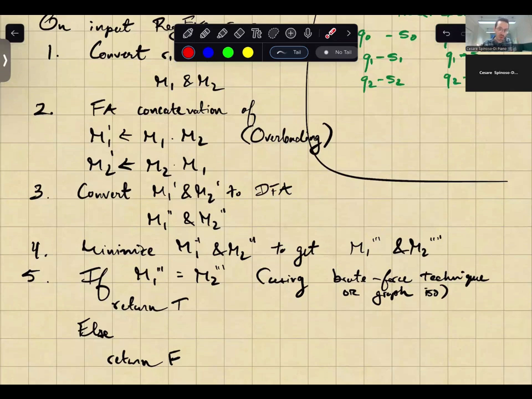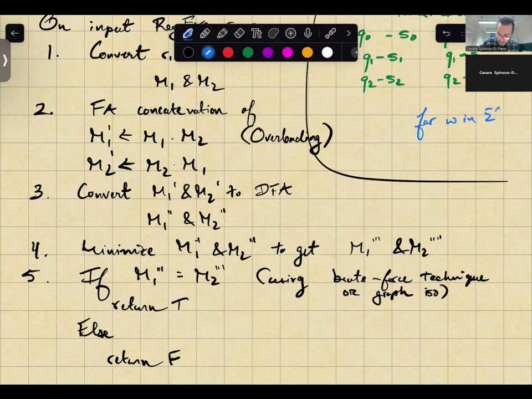There were a few other ways of doing this, but notice that one way that wouldn't have worked is if you had said something like: for W in sigma star, check if W matches with both R1R2 and R2R1, or does not match with both.